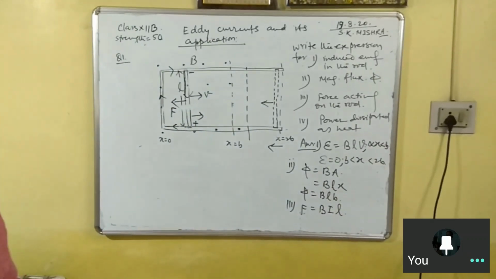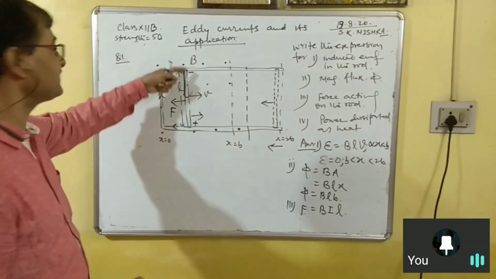Now how can you give I? I is equal to the induced EMF divided by resistance.